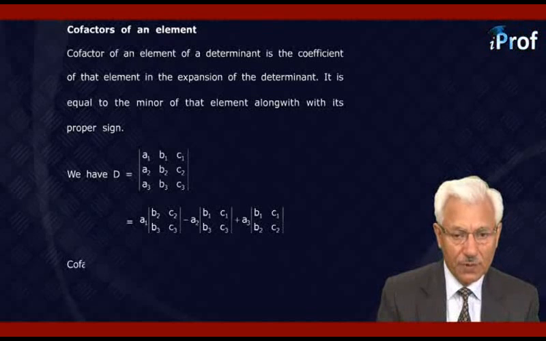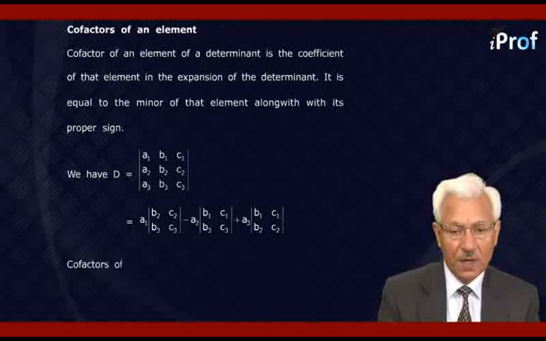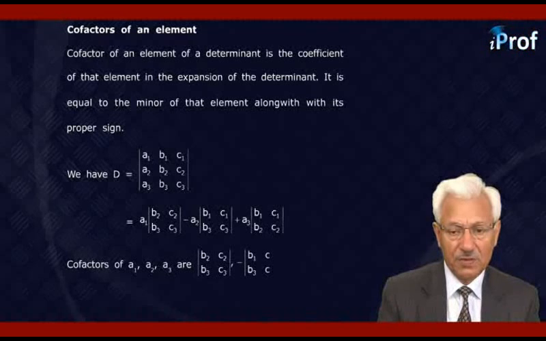Cofactors of A1, A2, A3 are therefore the coefficients of A1, A2, A3, which are the determinant B2, C2, B3, C3, minus the determinant B1, C1, B3, C3, and the determinant B1, C1, B2, C2.